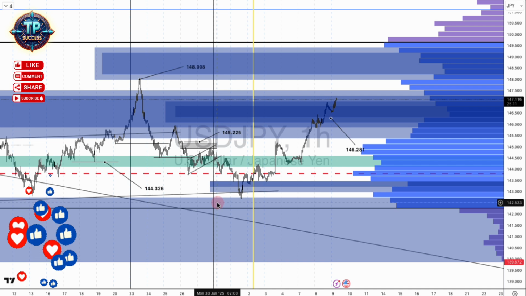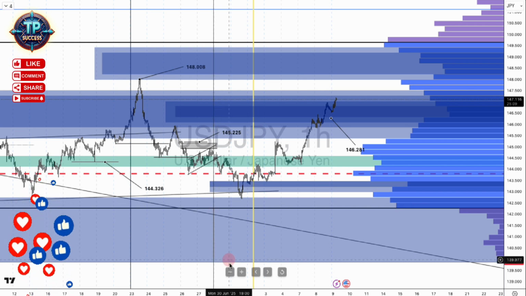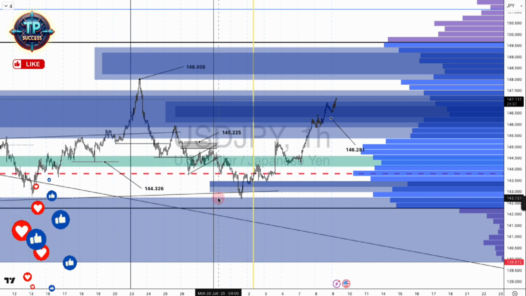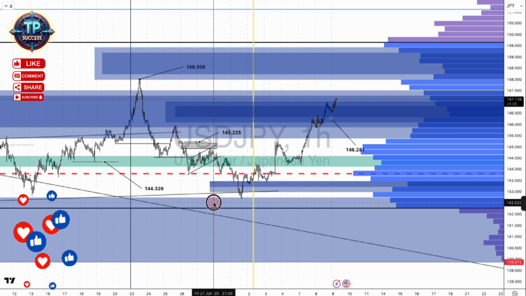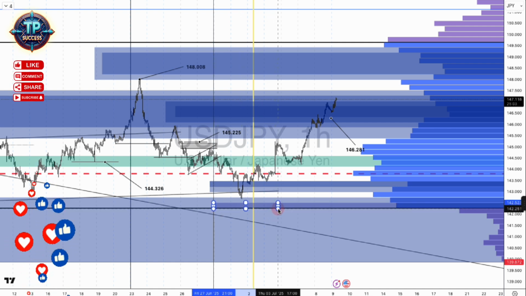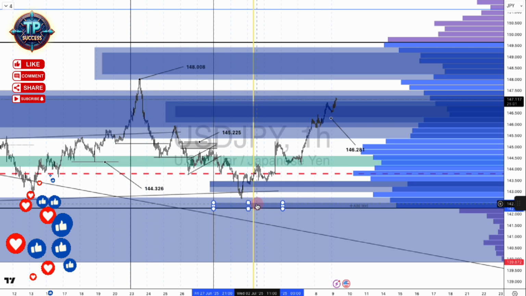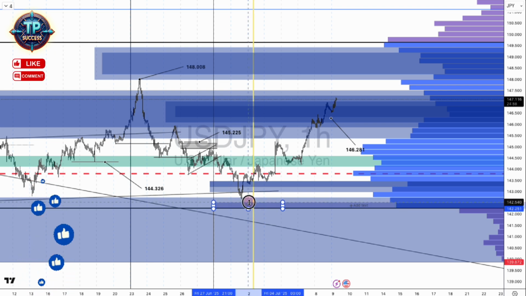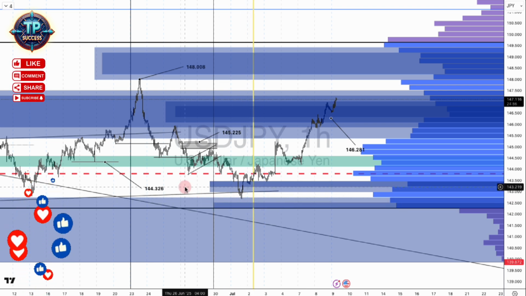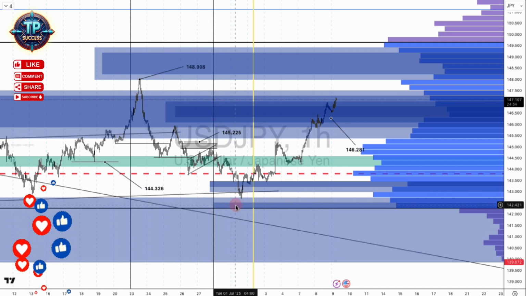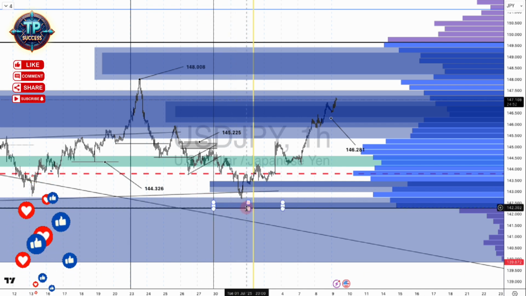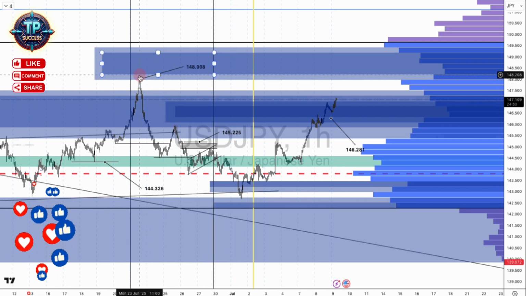And we can also see in this area over here that we had a low value node that price didn't go anywhere near, so it didn't even get into the second tier. As we can see, it did the same thing as it did up here.